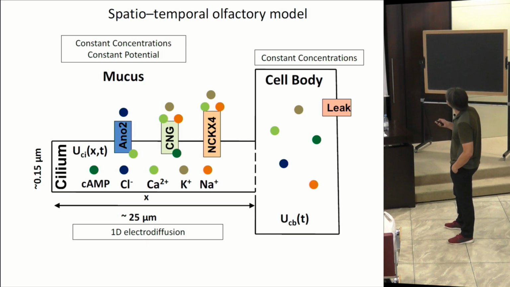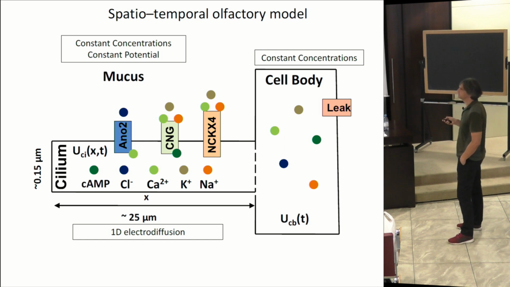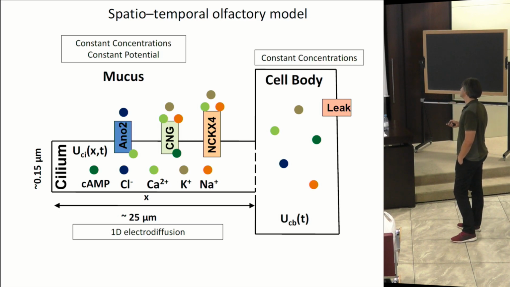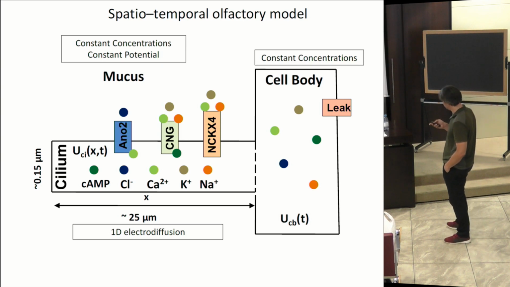Then you need to couple this to a model for the cell body. Here I also use a very simple model where I assume that the concentrations are constant, and there's only a leak term that generates a steady state of the cell body potential. But the cell body voltage in general is time dependent and depends on the current that is generated through the channel. So basically this is the framework of the model.